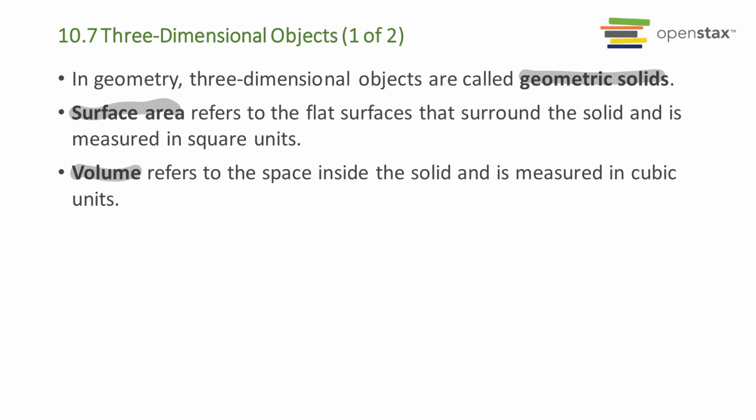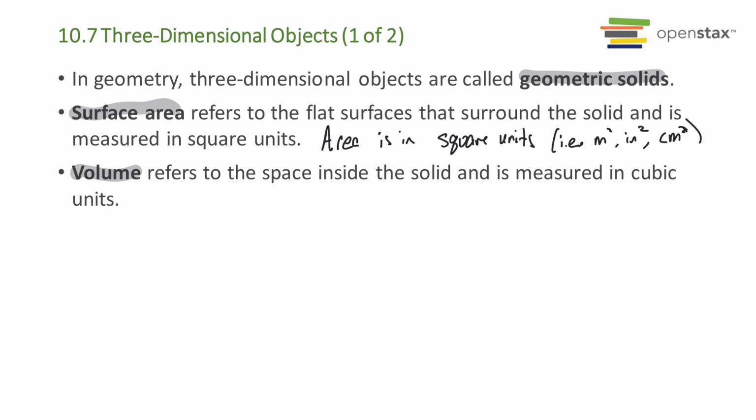So to go back to what we've previously discussed in the metric system section, remember area, including surface area, is in square units. So for example, meters squared, inches squared, centimeters squared, and so forth.